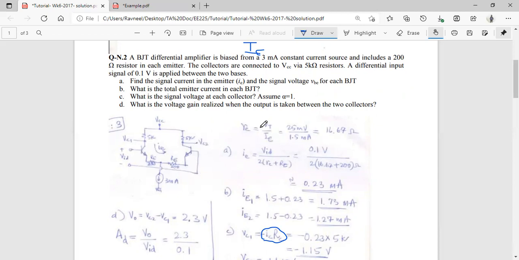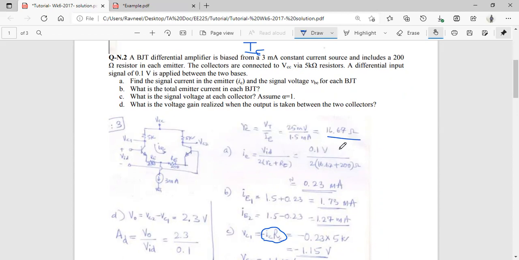So our small RE is equal to VT divided by IE, which is 25 millivolts divided by 1.5 milliamps. So our small RE is equal to 16.67 ohms. Once we know our small RE value, we plug the values into this formula.